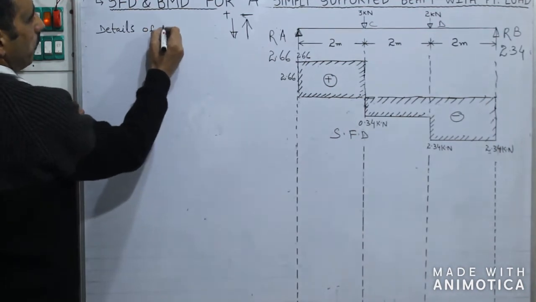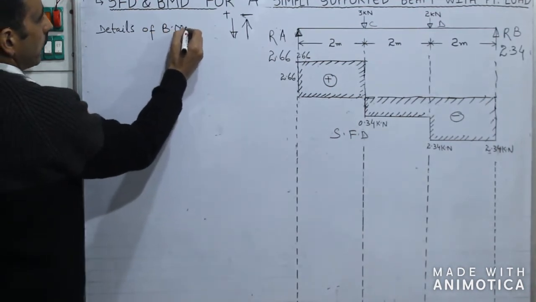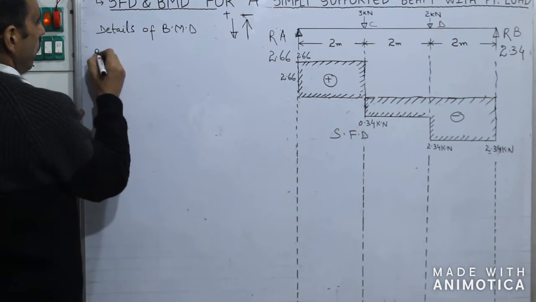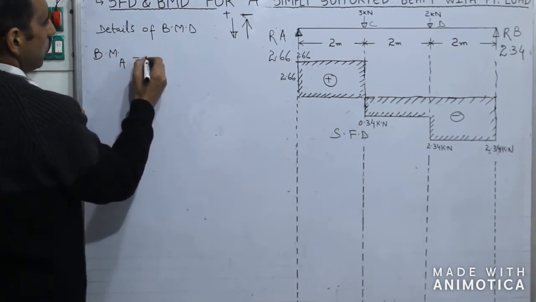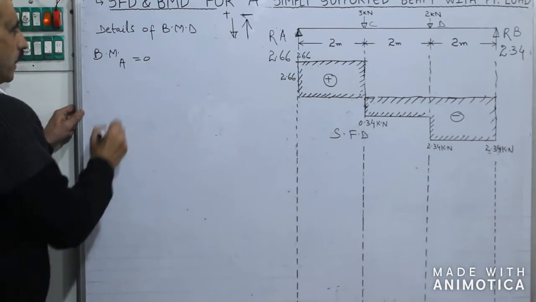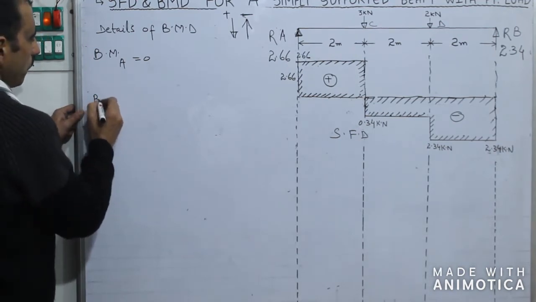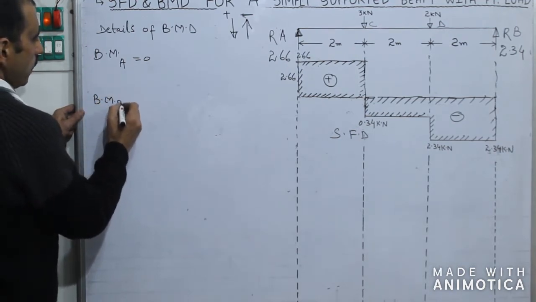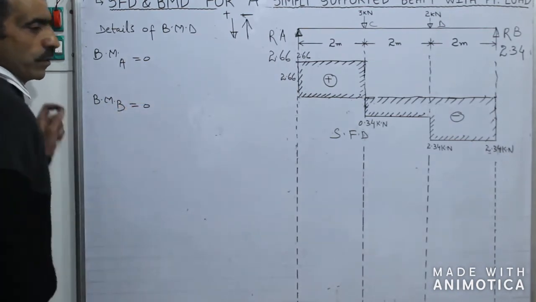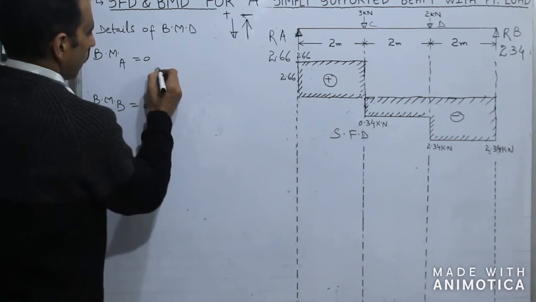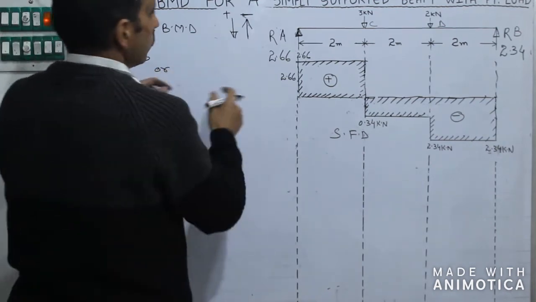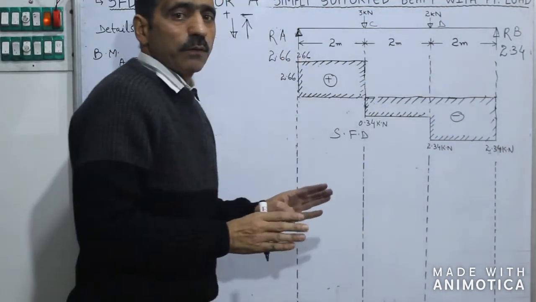Details of bending moment diagram. Bending moment at A is zero, and bending moment at B is also equal to zero. You can calculate moment also, there is no doubt about it.